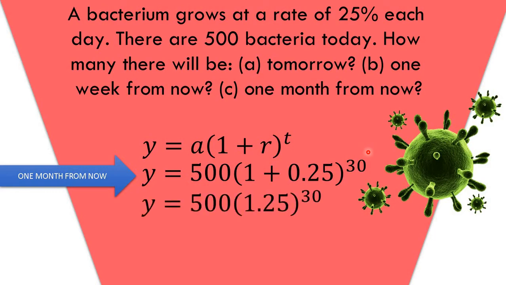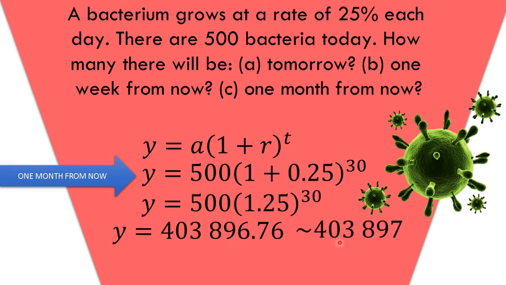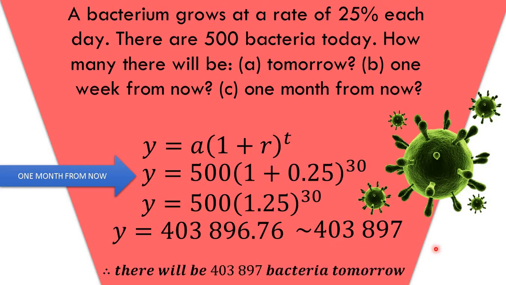So simplify: y equals 500 times 1.25 raised to 30. So y equals 403,896.76. Then rounding, we have 403,897. Therefore, there are 403,897 bacteria 1 month from now.